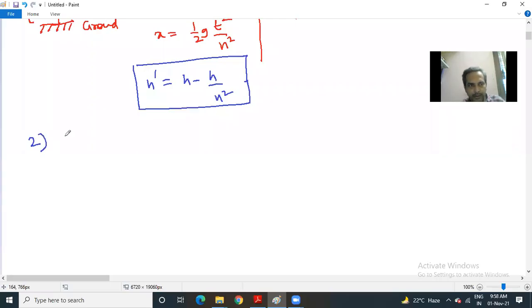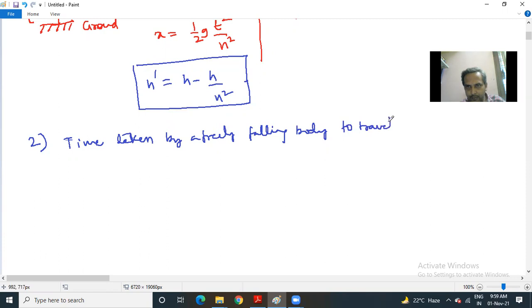The time taken by a freely falling body to travel a distance h by n. So we are looking for the time taken.